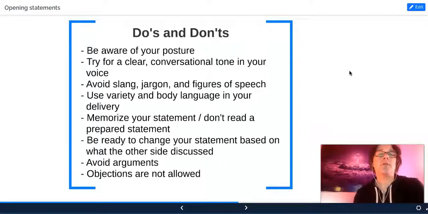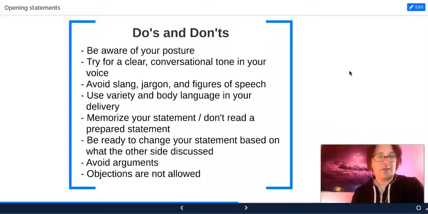Also, when it comes to your voice, make sure that you're speaking very clearly and that you have a conversational tone. You want to be speaking with the jury, so to speak, right? Speaking to them as if you're having a conversation, not as if you're giving them instructions or giving them a lecture or anything like that.